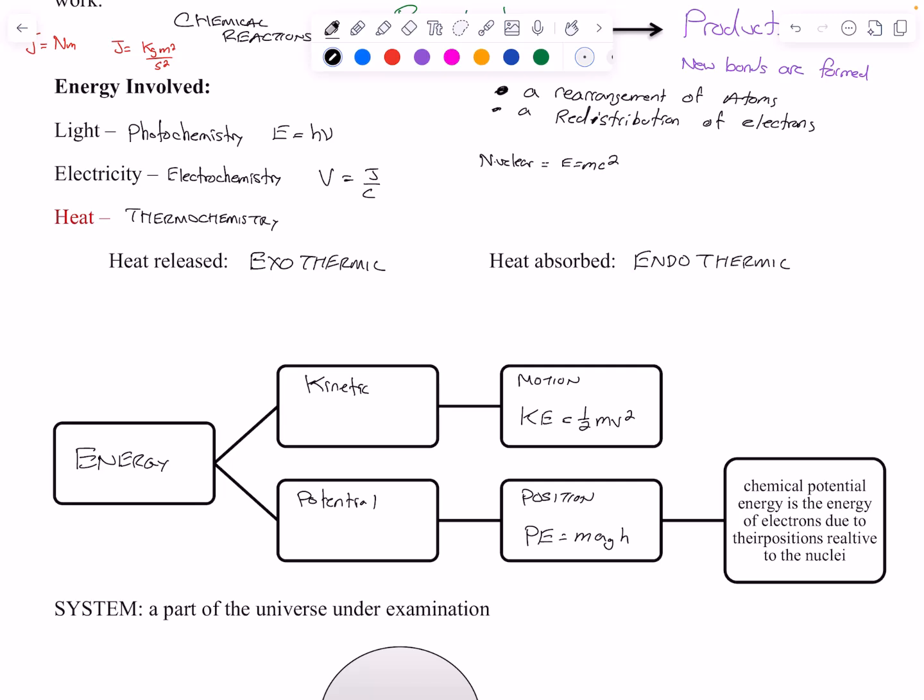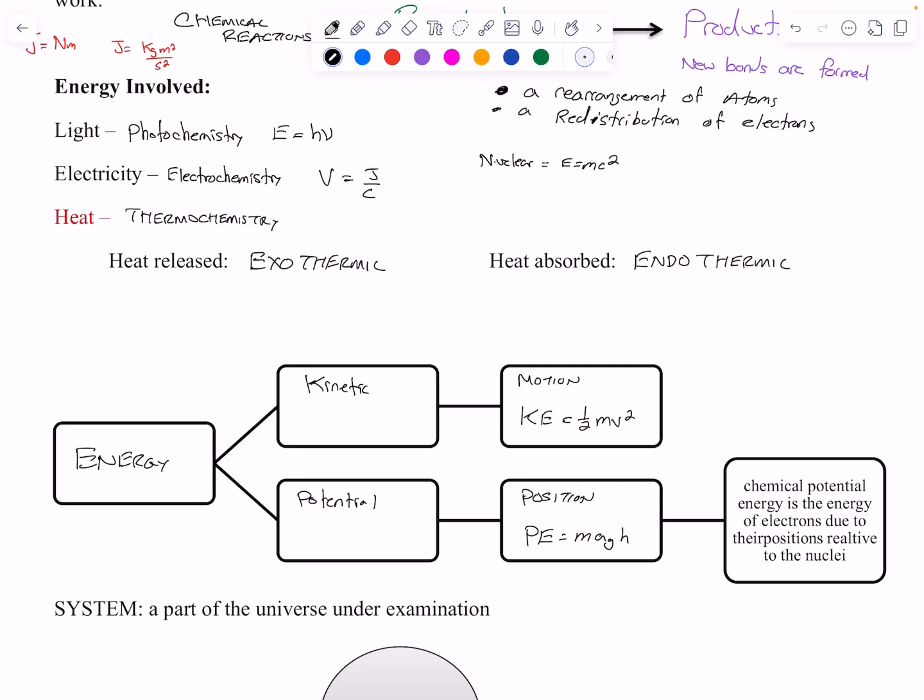All right? Now, chemical potential energy, because we're talking about chemistry instead of how high something is, right? Chemical potential energy is basically how the atom's made, right? Okay, it's stored within the structure of the molecule or compound, right? It's stored within the molecule. Let's write that down.